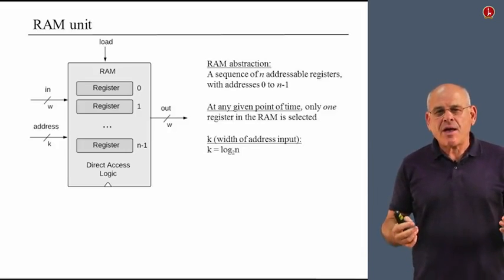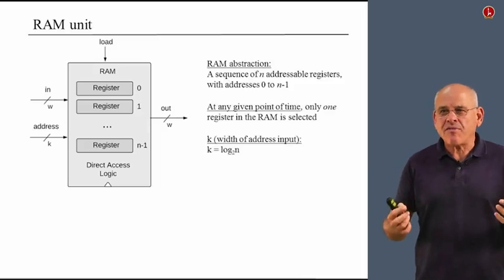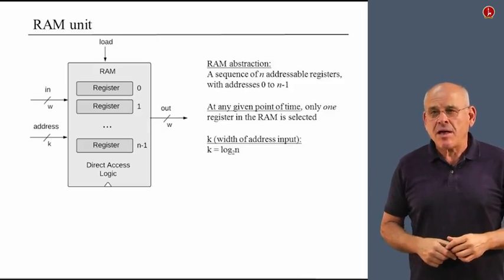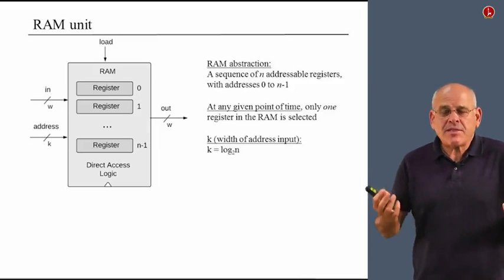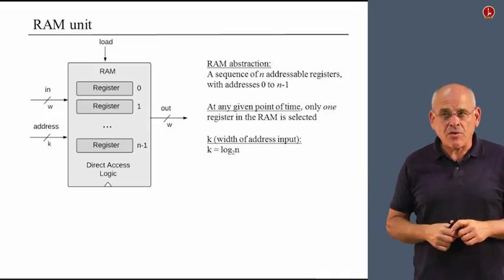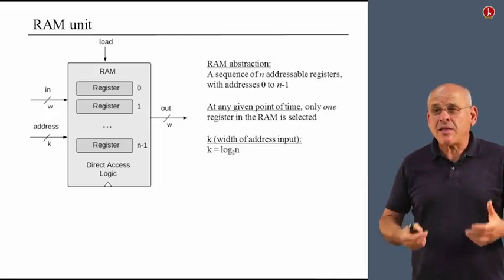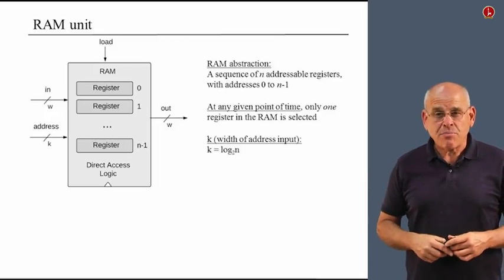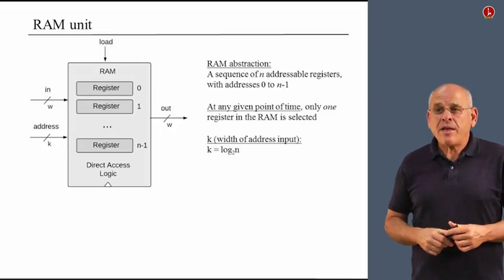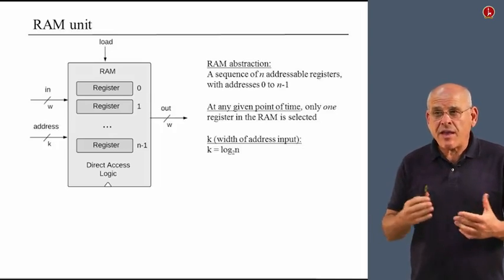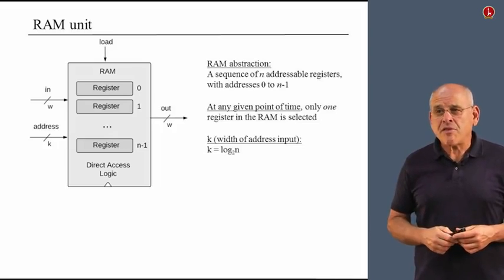If we have to select one out of n possible registers using some sort of binary code, how many bits do we need in order to create such a code? Well, it turns out that we need log of n such bits. For example, if we have 8 registers, we need 3 bits, right? Log of 8 on base 2 is 3.